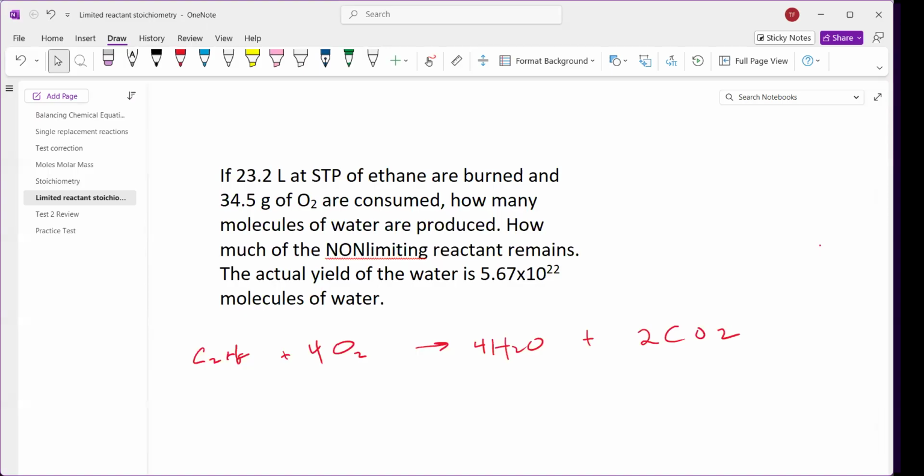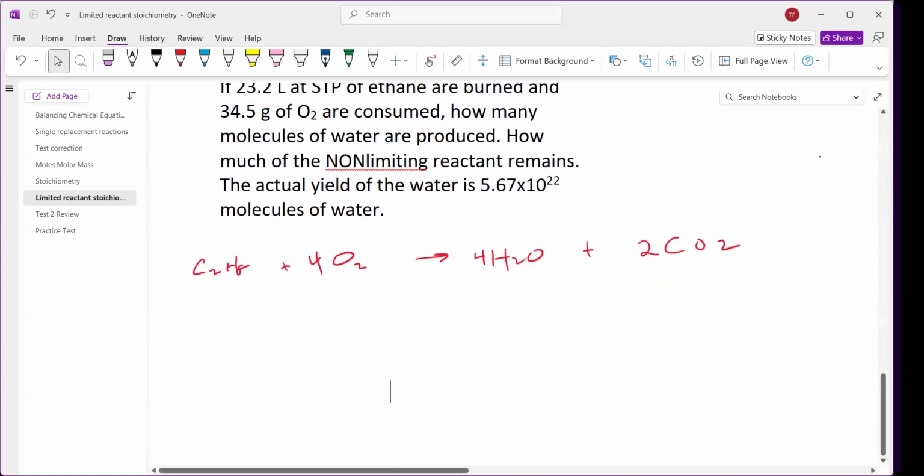Actual yield is 5.67 times 10 to the 22nd, and you need to find the percent yield. Same thing, we need to do 2 calculations right off the bat to figure out which one is going to be the limiting reactant, or the limiting given. I've already balanced the equation from before.